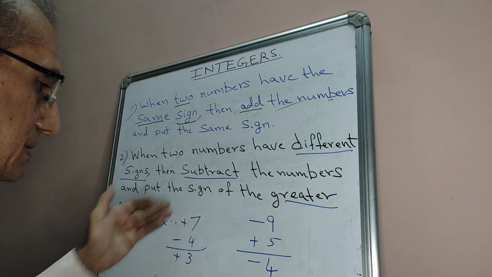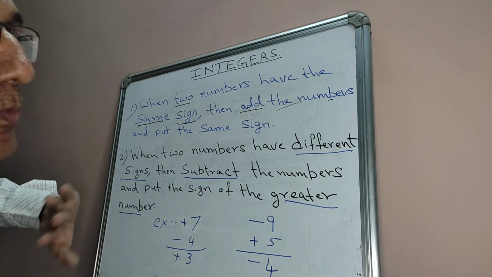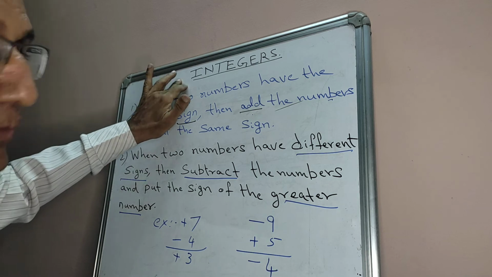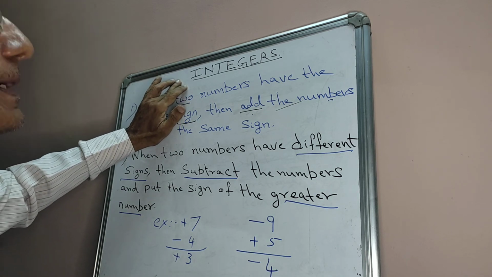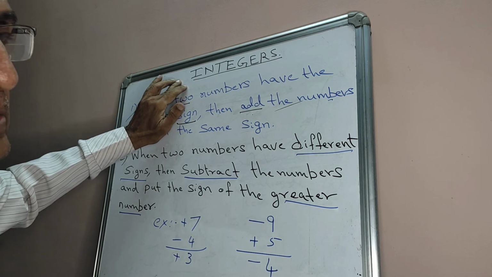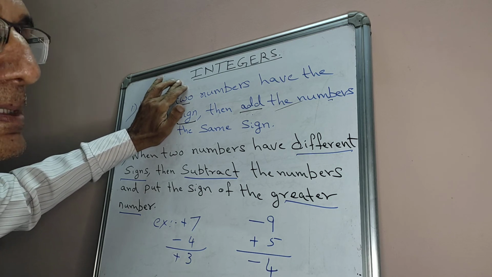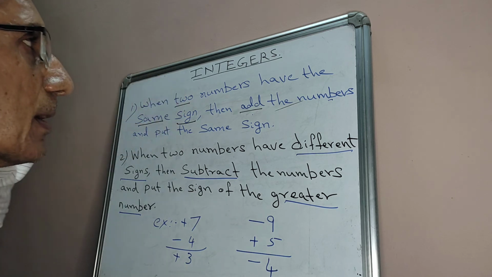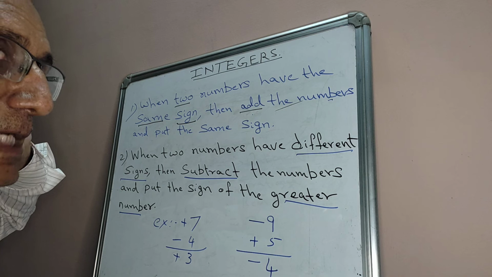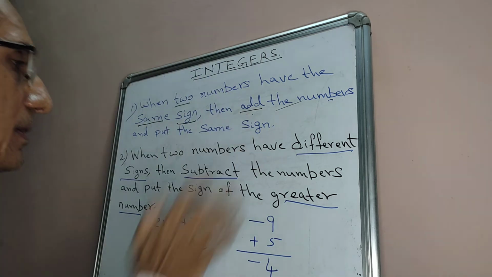I gave you the examples. So now we know what integers are, and how we operate on integers under addition and subtraction.